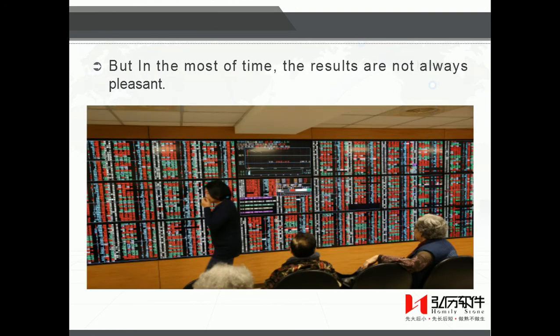But most of the time, the results are not always pleasant. Why? Because when we want to buy the stock, here is a high point. When we want to sell a stock, here is the low point. So we want to buy low and sell high, but the result is buy high and sell low. So what's wrong with that?